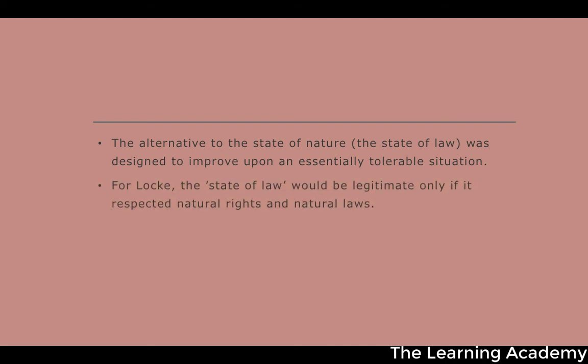For Locke, the state of law would be legitimate only if it respected natural rights and natural laws. So whereas Hobbes believed that without a state you couldn't have society effectively, and it wouldn't be a tolerable situation, Locke believed that the state of nature is almost like the baseline for society, where you have these natural liberties, and that the state of law, a world with a state, with a government, should only be legitimate if it first respects these natural rights and natural liberties.